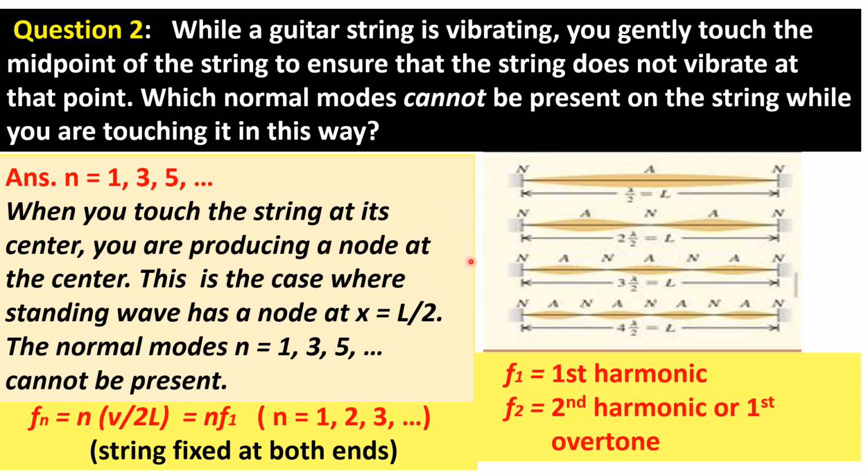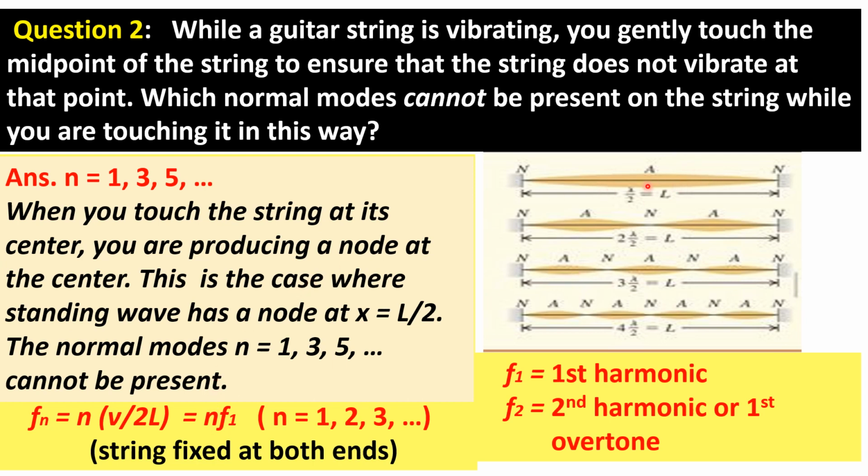Only those normal modes whose number of antinodes are even numbers, like 2, 4, 6, and so on. For instance, the first pattern, which corresponds to our first harmonic, or the fundamental, where n is equal to 1.